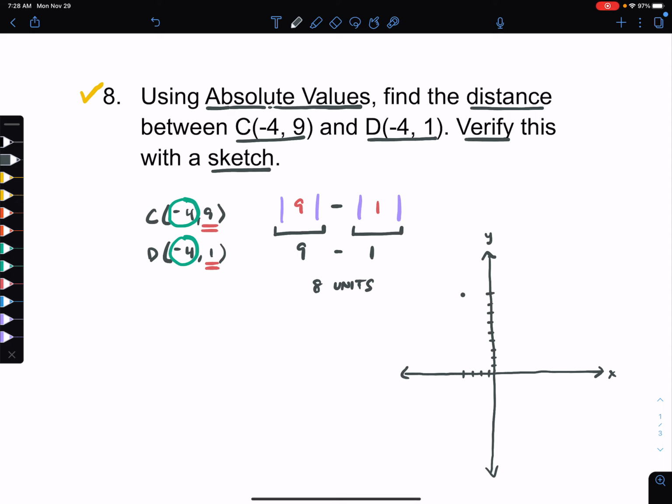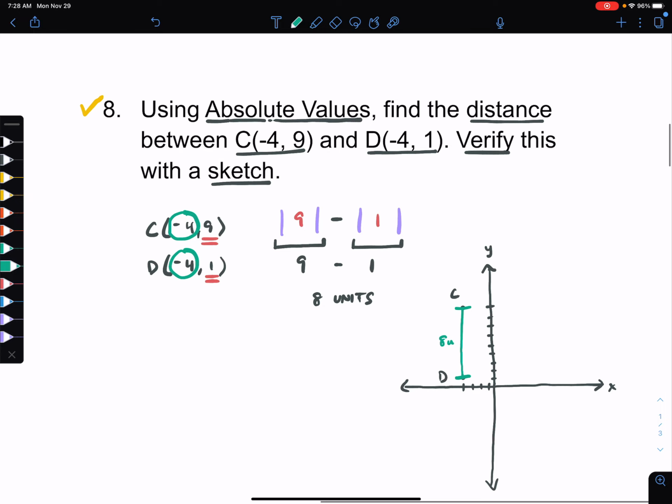So something like this. And for D, we'll go to -4, but we'll go to +1. So here's D. So measuring this distance between 9 and 1, this is going to be 8 units, okay? So we can subtract 9 minus 1 to get 8, or we can count those spaces. Cool, so that verifies that these 2 points, C and D, are 8 units apart.